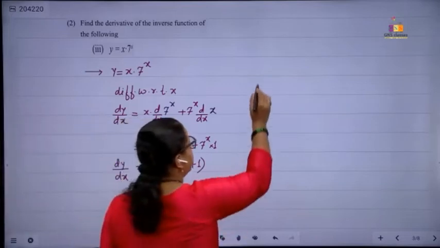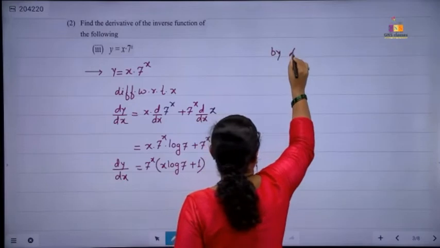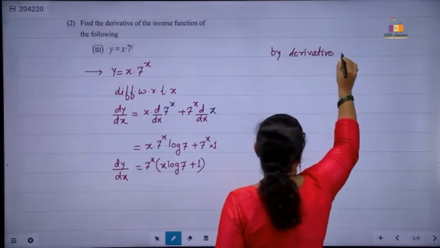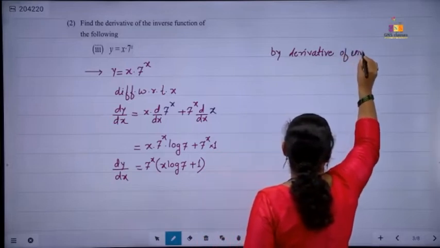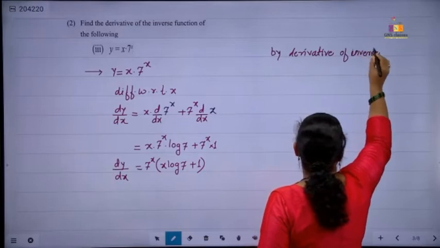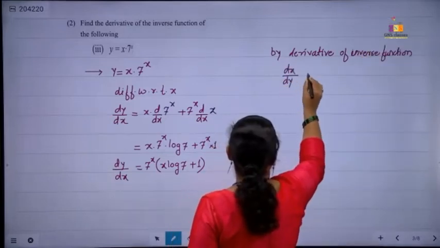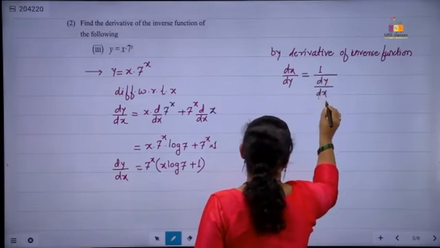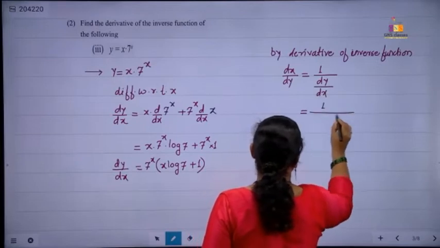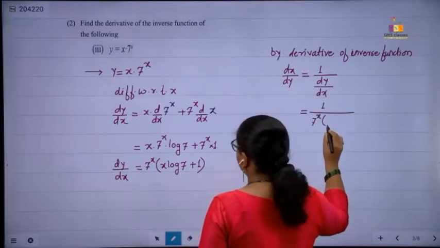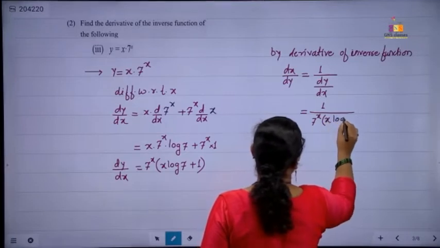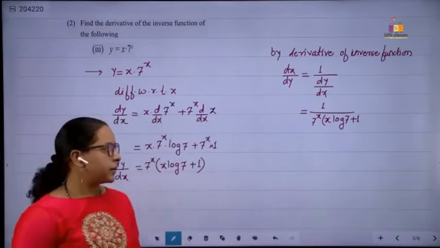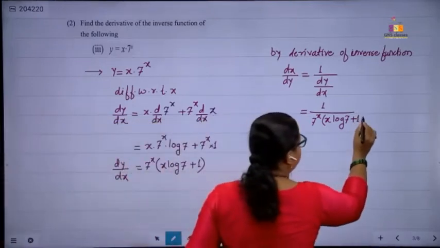And by derivative of inverse function, dx by dy is equal to 1 upon dy by dx. So it is equal to 1 upon 7 raised to x into x log 7 plus 1 is the answer. We can convert this in terms of x and y also.